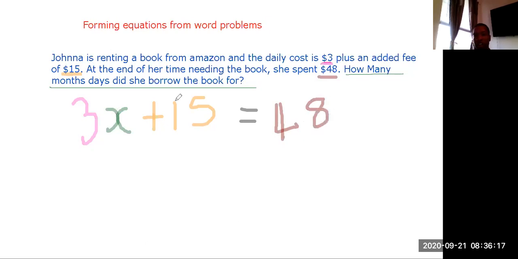And then I have to go through and solve it. And you solve it just like you would regularly. So this is minus 15, minus 15. So 3x is equal to 33.